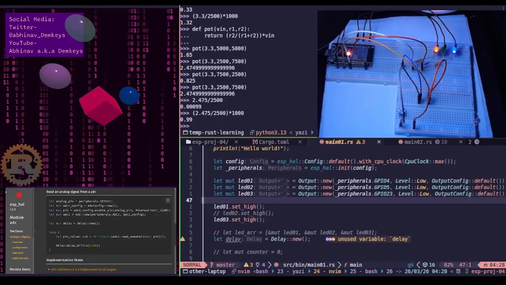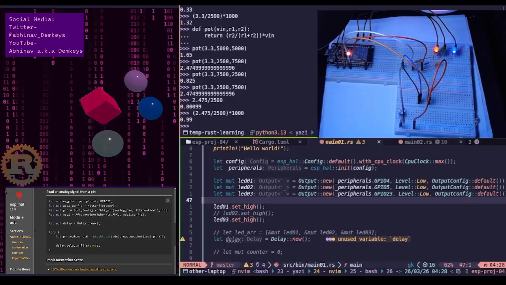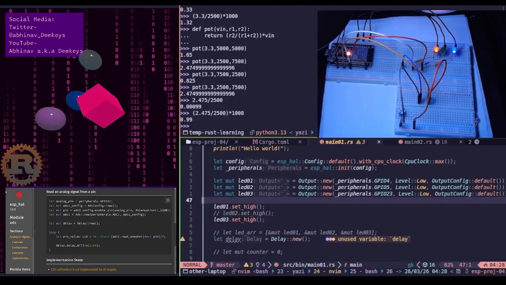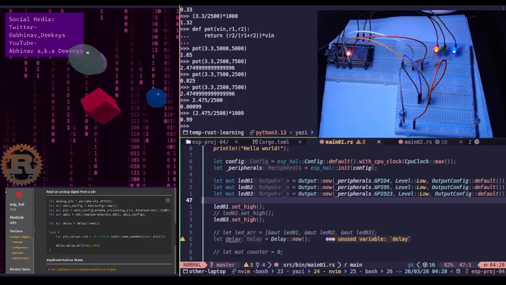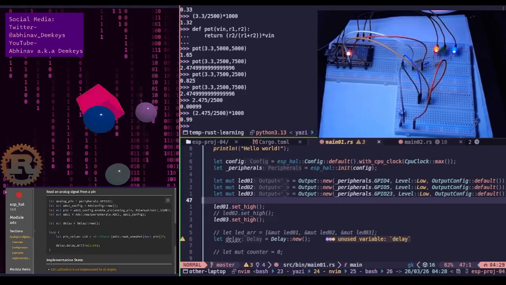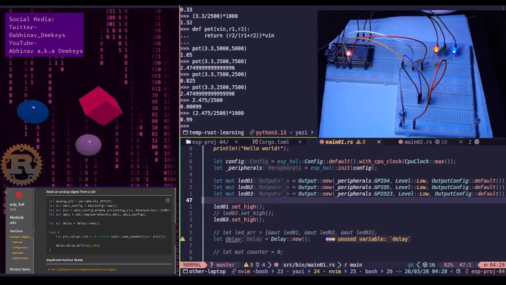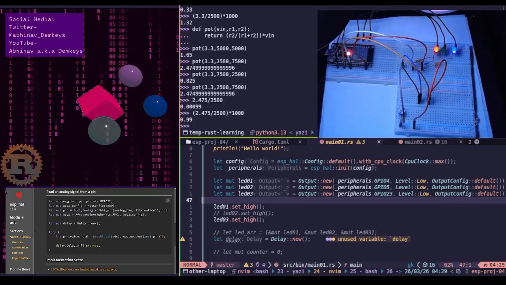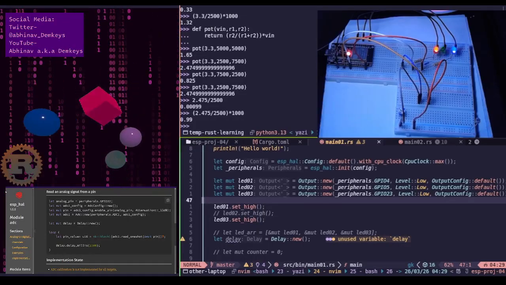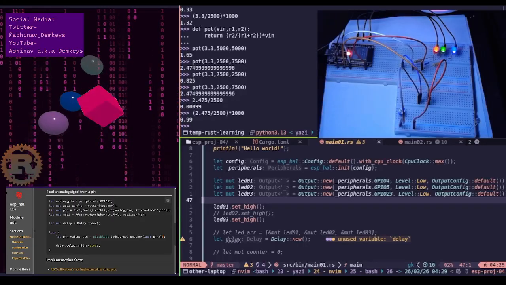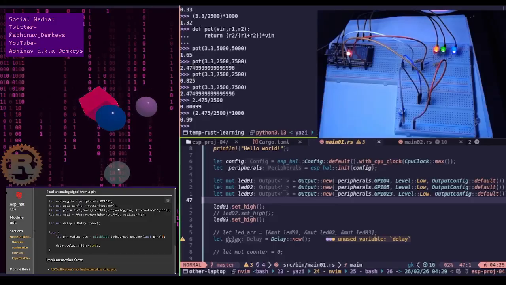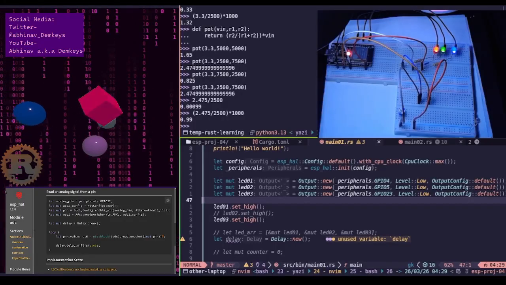Because with MicroPython, there's a lot of high level stuff going on. And that's a good thing because you don't always want to be exposed to these implementation details and have to set them manually. Though there are specific situations, even within MicroPython, where you would need to set the specific implementation details.